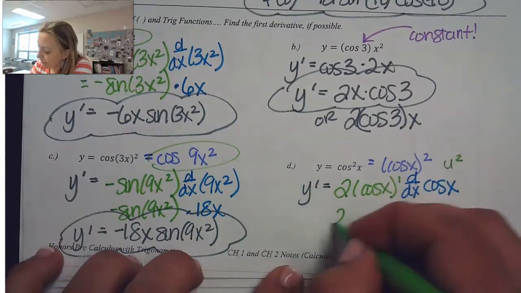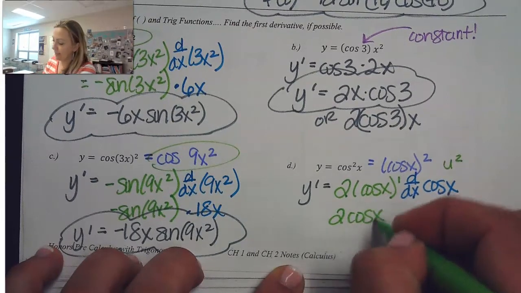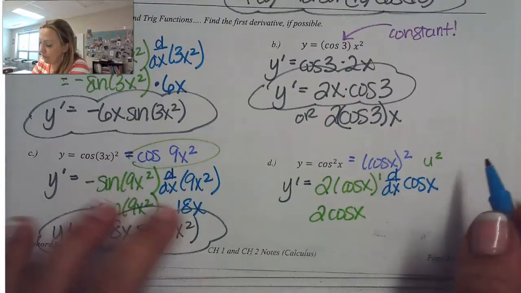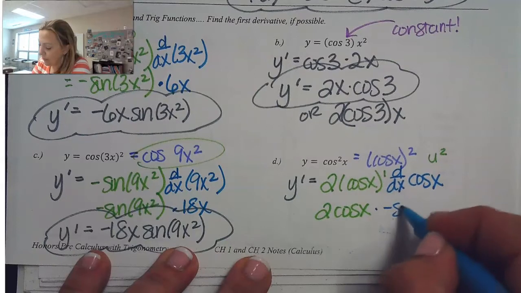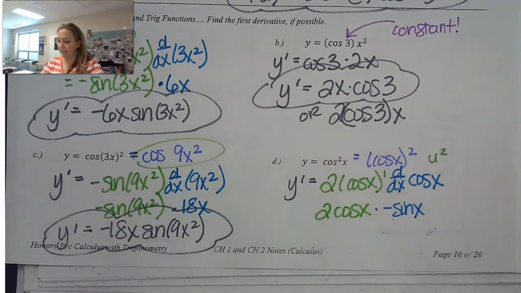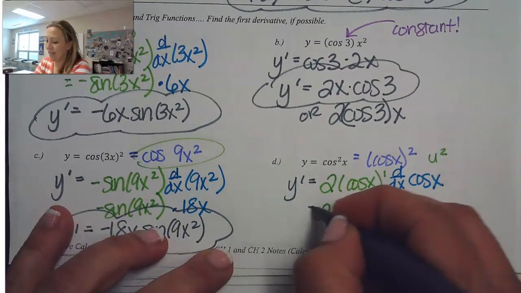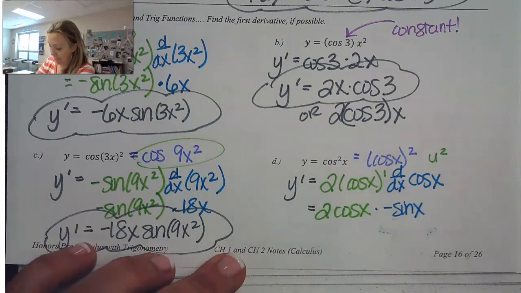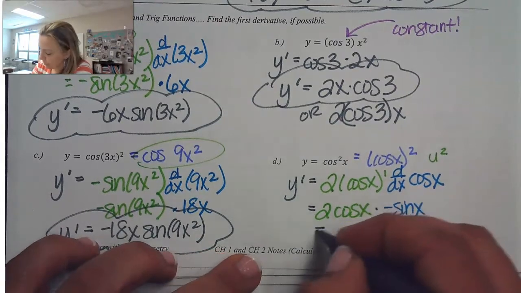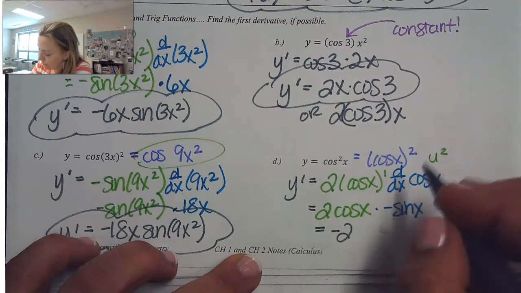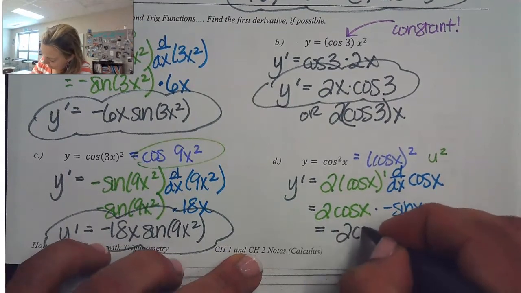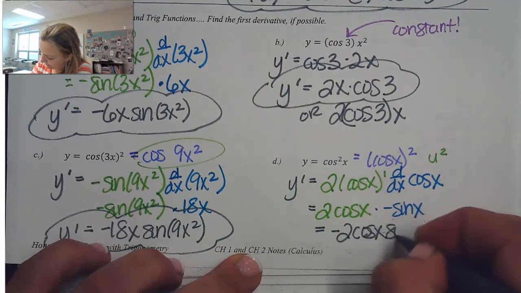So I still have this 2 times the cosine of x, but now I want the derivative of the cosine of x, which we know is the opposite of sine of x. And now that I've taken the derivative of everything, I can just turn that into negative 2 cosine x sine of x.